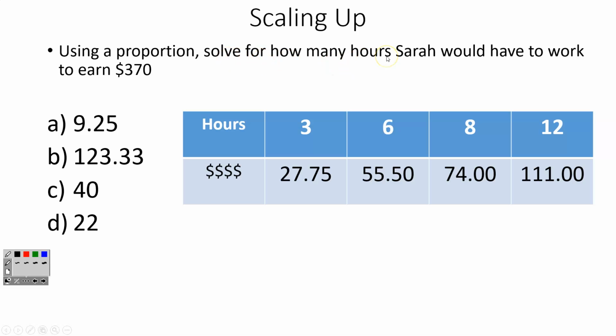Solve for how many hours Sarah would have to work to earn $370. Well, it's $27.75 for 3 hours over $370 by however many hours. We could do that.